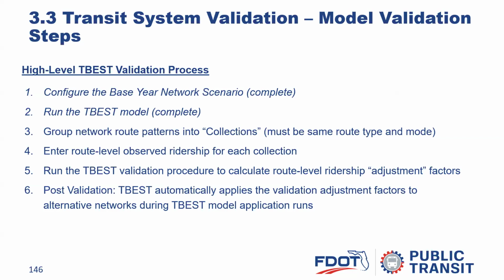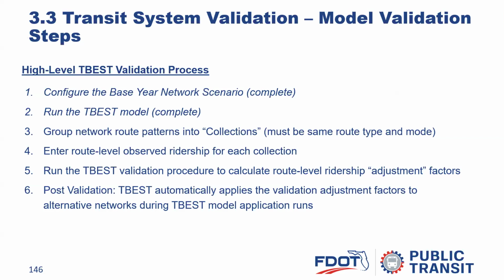So let's say that you're a small transit agency, and really all you know is I have one ridership number for all of my routes. I don't really know what all of them are individually, but I know in total we have 500 riders per day.